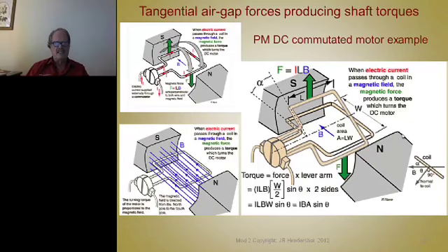This is the classical set of pictures that we see that describes the forces on a conductor with current flowing in the conductor moving in a magnetic field. I think we've all studied this many times, but there's some interesting things to note about this. This picture doesn't tell you where the field comes from to create this north and south pole, and from the previous slides you can readily see that either comes from another electromagnet, a coil wrapped around these pole pieces, or maybe this is a magnet.